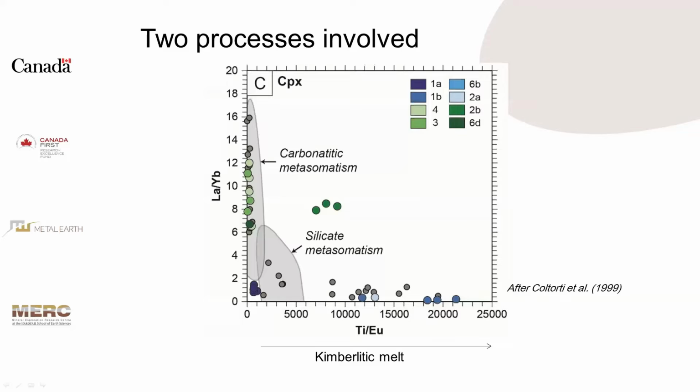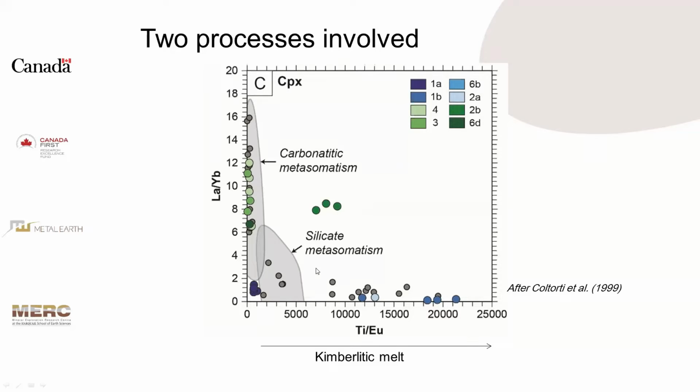From mineral chemistry, we tried to understand what type of metasomatism is involved in our samples. And this is very well seen with the clinopyroxenes. Here on the x-axis, we have titanium, europium, and on the y-axis, lanthanum, ytterbium.